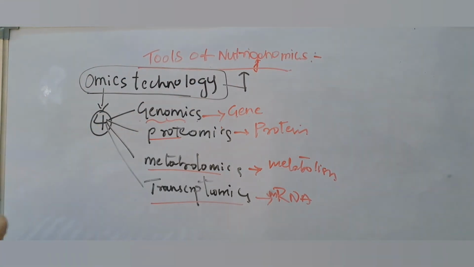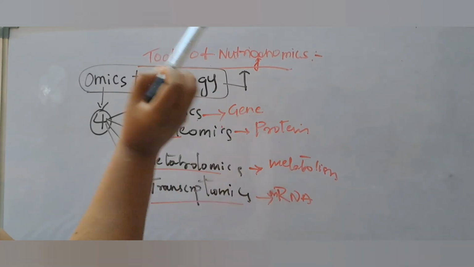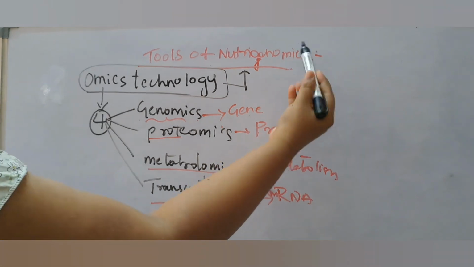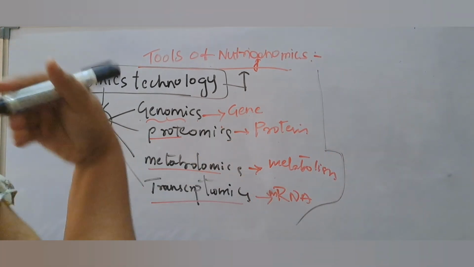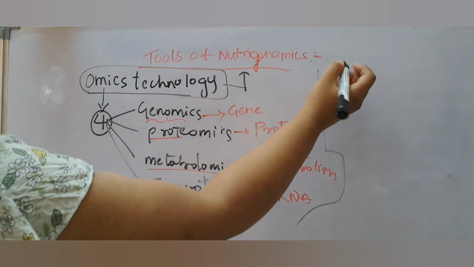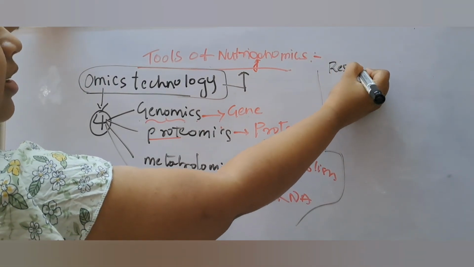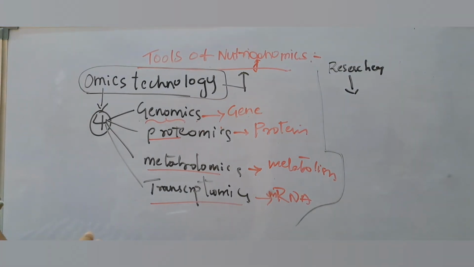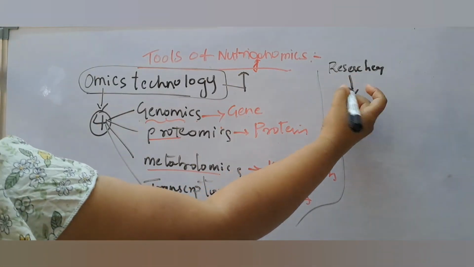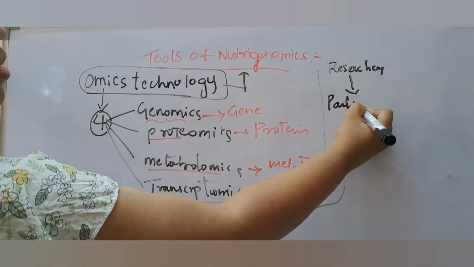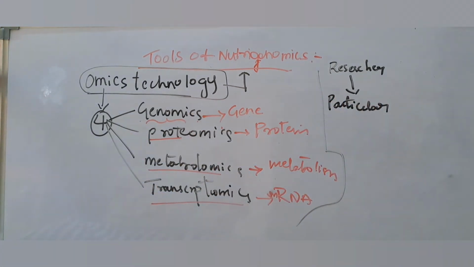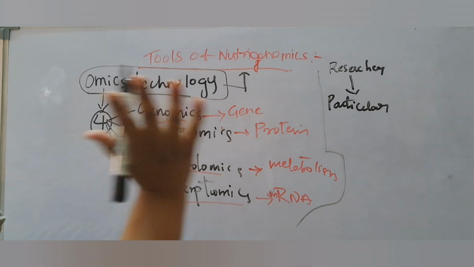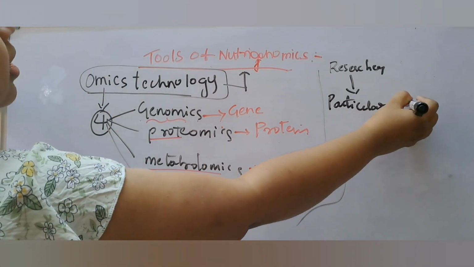Once again I'll write the pathway of the analysis. It is not only for genomics but also for proteomics, metabolomics and mRNA. So the pathway of the analysis: generally the researcher will first analyze a particular gene.